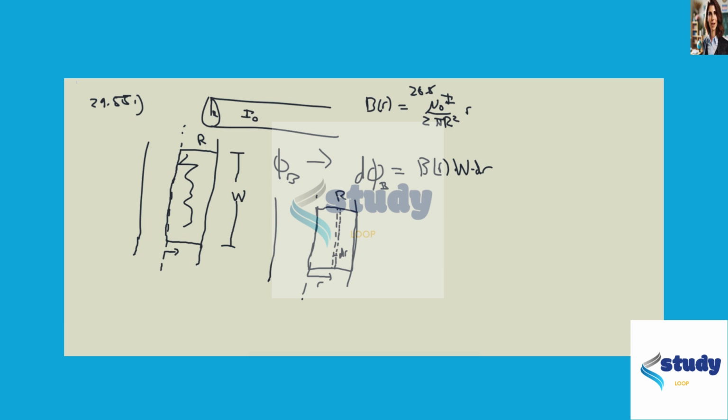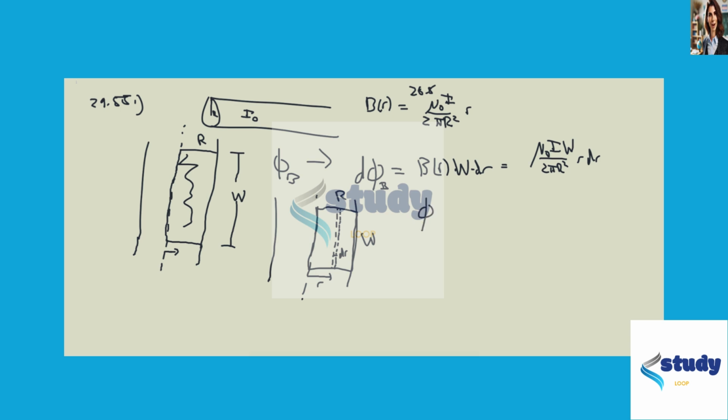So it's width dr times the length of W to get that area, times the magnetic field B of R. If we plug all this in, we see this comes out to mu naught I W over 2 pi big R squared, R dr.